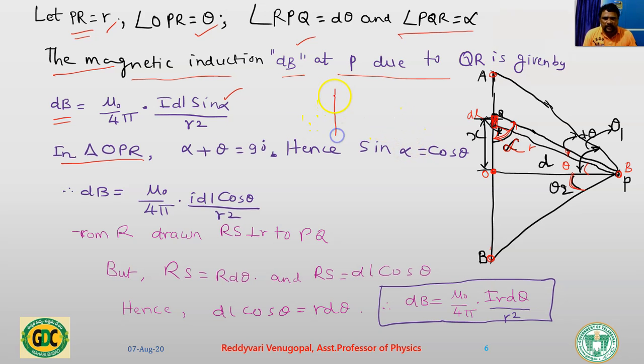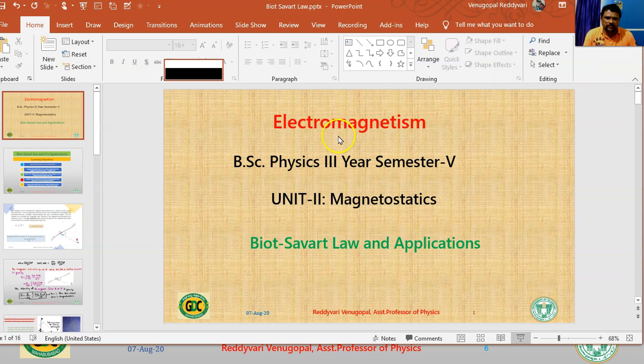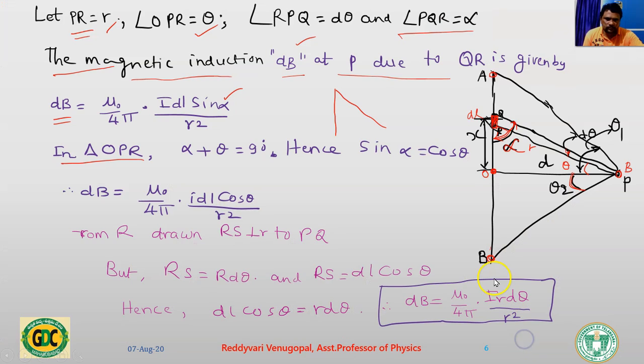See here, this is our triangle now. This is O, this is P, this is R. This angle is alpha, this angle is theta, and this angle is 90 degrees.